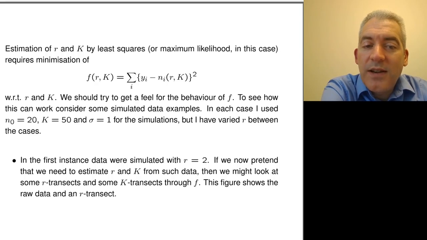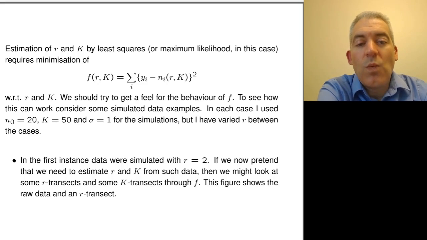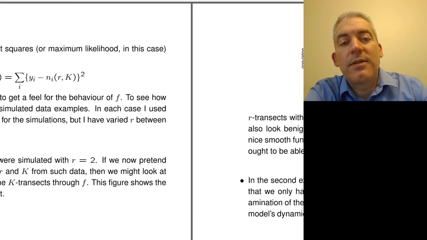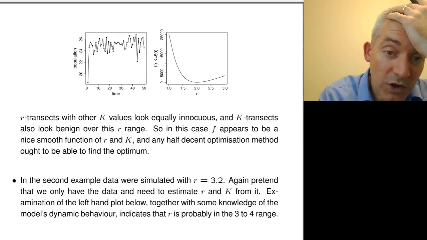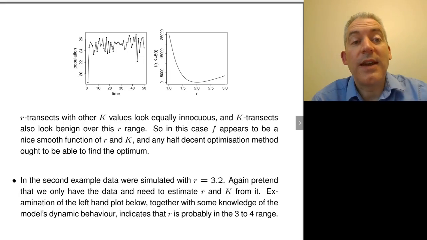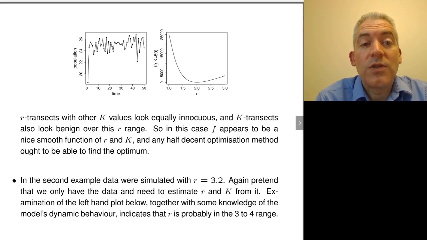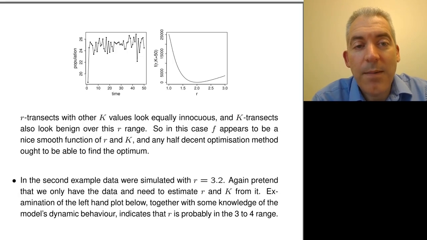But then we're going to pretend that we don't know R or K and try and estimate them from data. So what could we do? Well, we could look at some transects. On the top left here, we've just got the actual data, the time course evolution of this dynamical system.